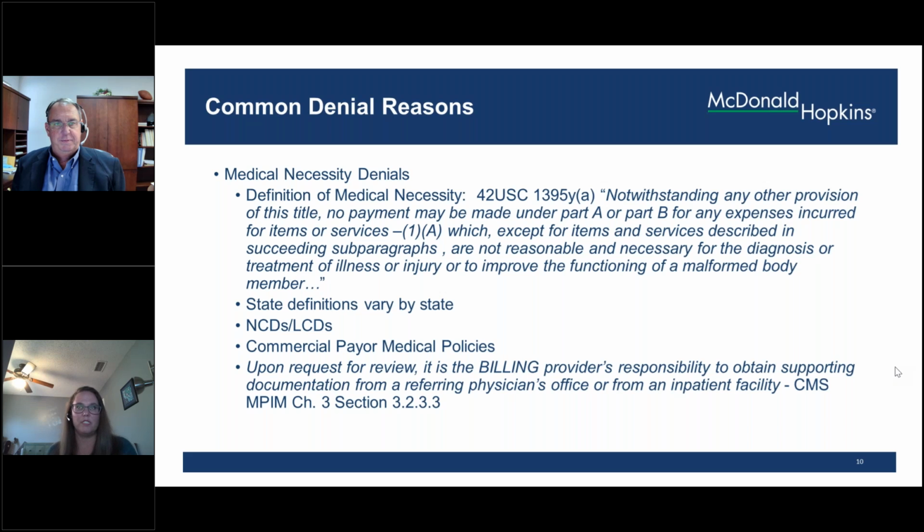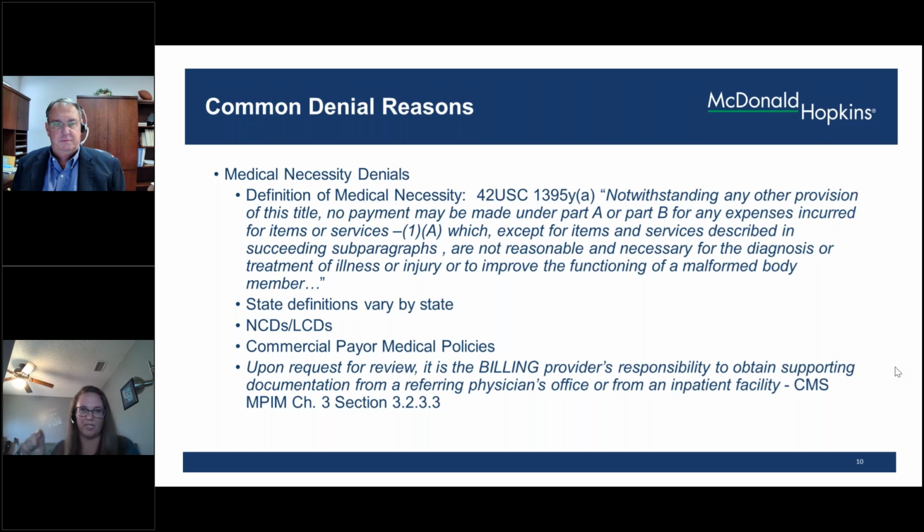On this slide, you will see the Medicare definition of medical necessity. I'm not going to read it to you other than to point out that medical necessity is determined for a particular beneficiary on a particular date of service for a particular claim. So it's very specialized and individualized. It can't just be, this person has back problems, and so anything that has to do with their back or spinal implants or whatever it is is medically necessary.